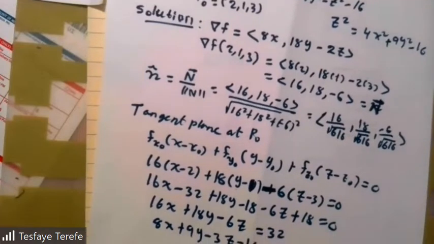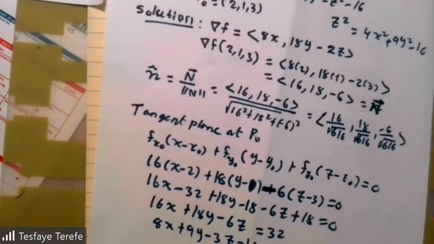If we roughly sketch this, something like this, you are going to have a gradient vector pointing this way.